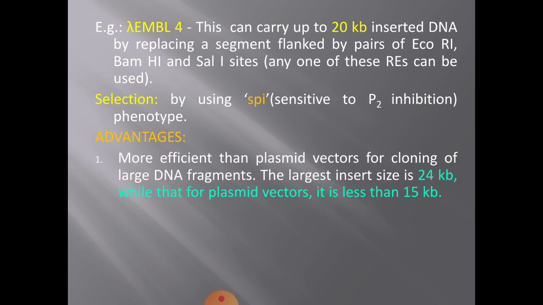What are the advantages of phage vectors over plasmid vectors? These are more efficient than plasmid vectors for cloning of DNA fragments. The largest insert size can be 24 kb in lambda phage vectors, while for plasmid vectors it is less than 15 kb. This is one advantage: insertion of large DNA inserts is possible.